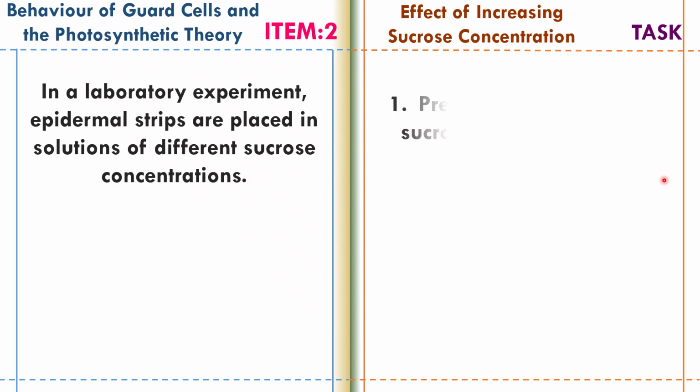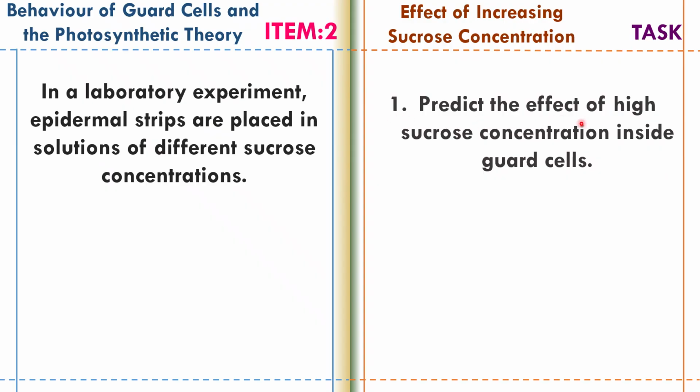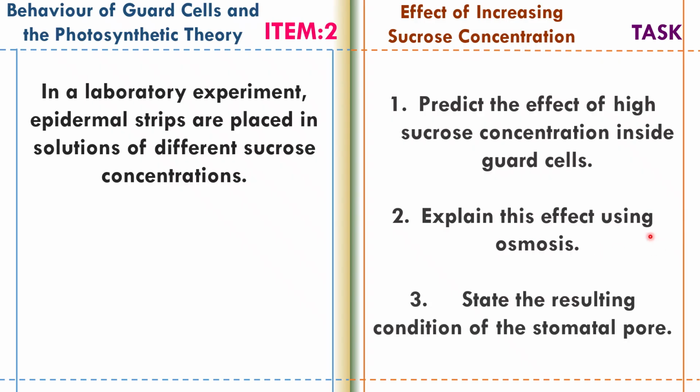Task: predict the effect of high sucrose concentration inside guard cells. Explain this effect using osmosis. State the resulting condition of the stomatal pore.